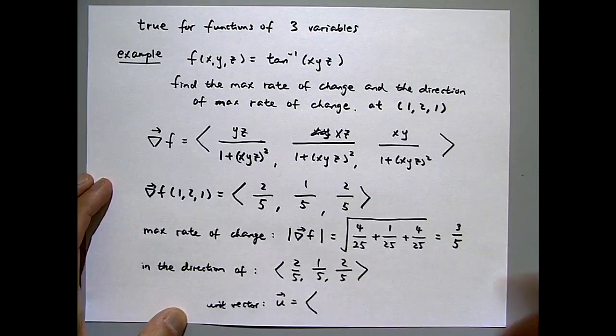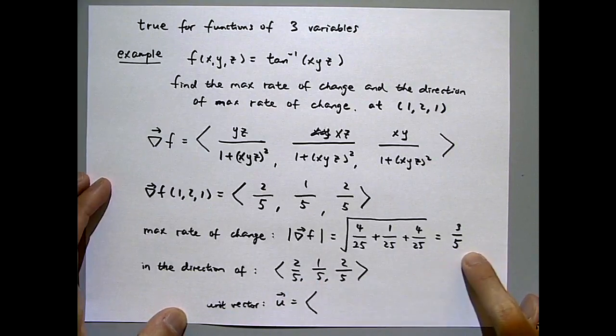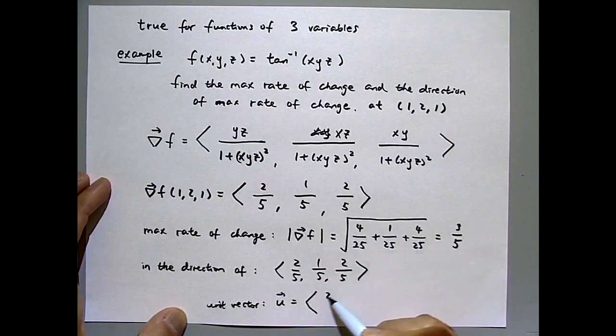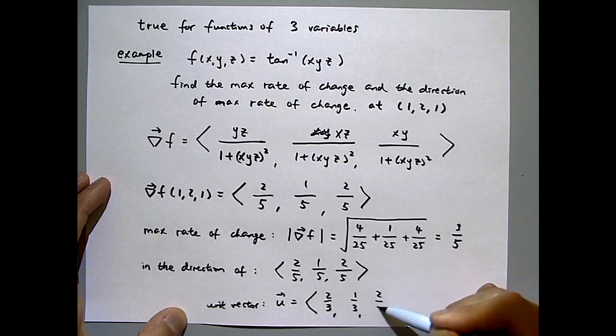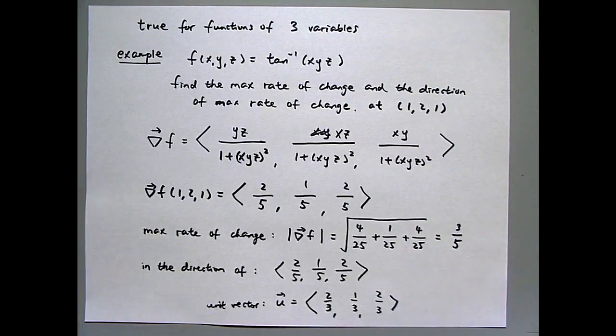Unit vector. So 2 over 5 over 3 over 5. That's 2 over 3, I think. 1 over 5 over 3 over 5 is 1/3, and 2 over 3 here. All right? So that's what the gradient vector tells you, how big the change is and in what direction that rate of change can be attained.